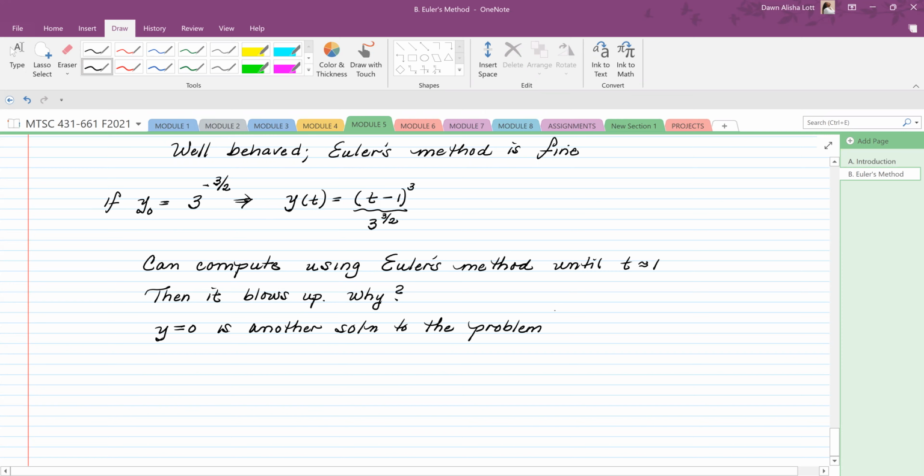All right, so when t goes to 1, y goes to 0, and the solution is not unique.